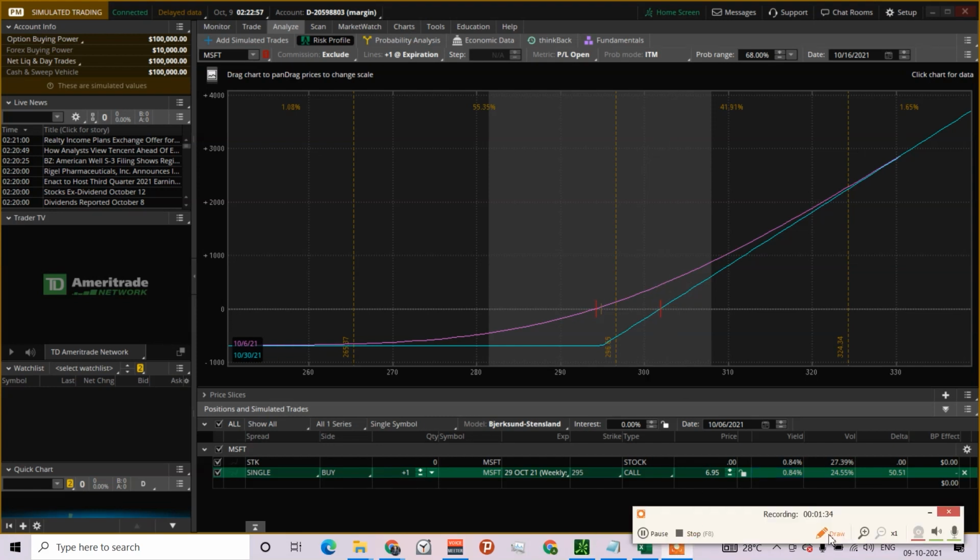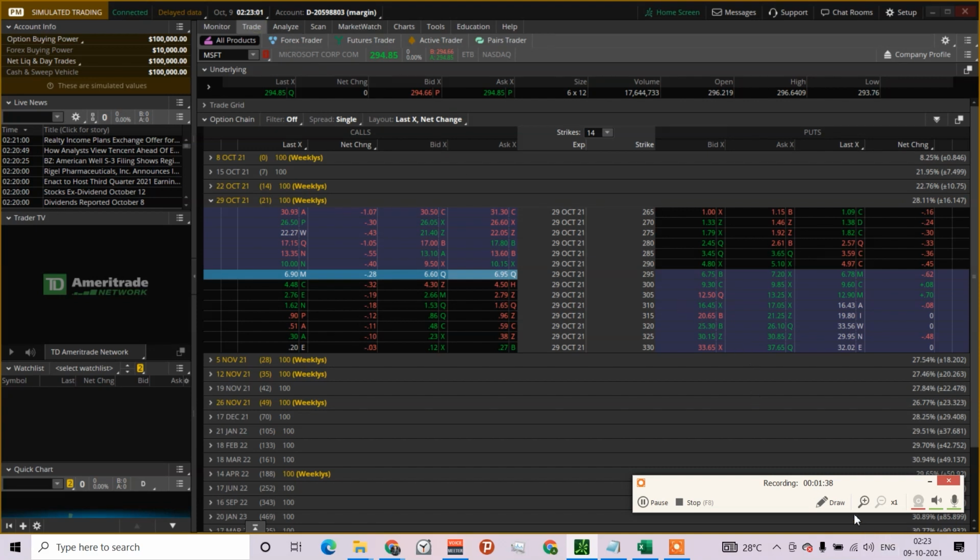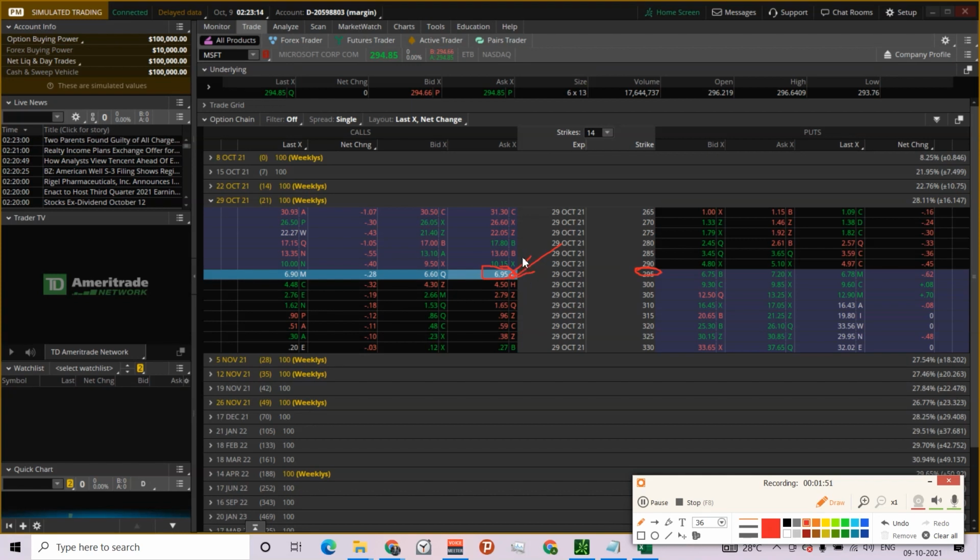So I'll explain it again. As we see here, the stock price is trading at 295. As I said, we are taking the strike price, and the option price is trading at 6.95 for that particular strike.